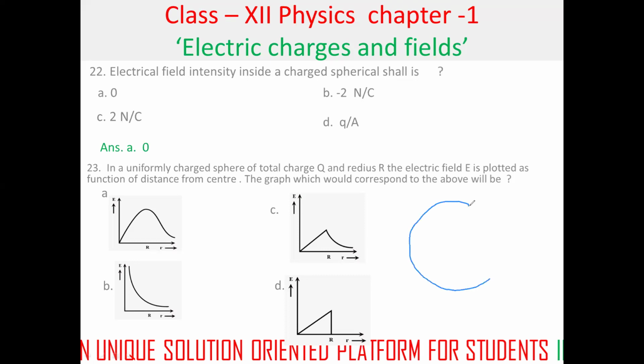Suppose this is a charged sphere, and we look at distance from the center. Uniformly charged means in all directions there is charge. This is the center, this is R, and this is the distance from the center. The distance is smaller at point P. I have explained it very clearly.